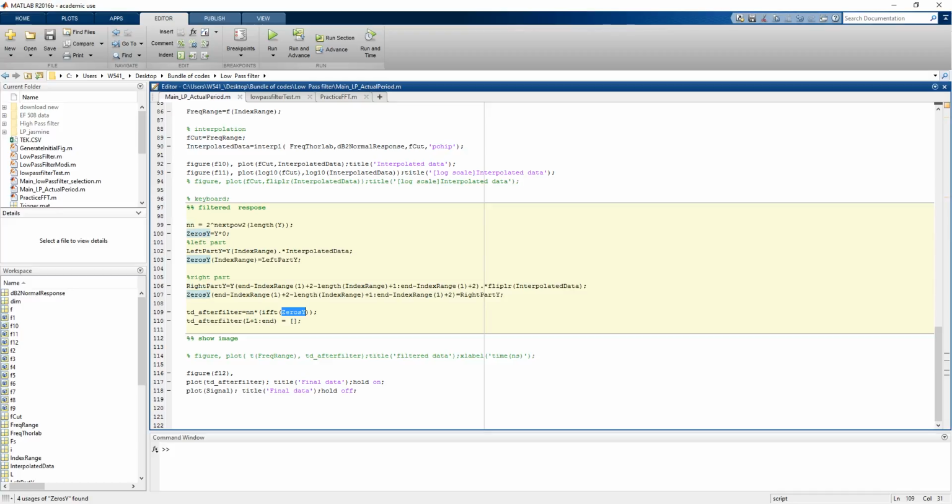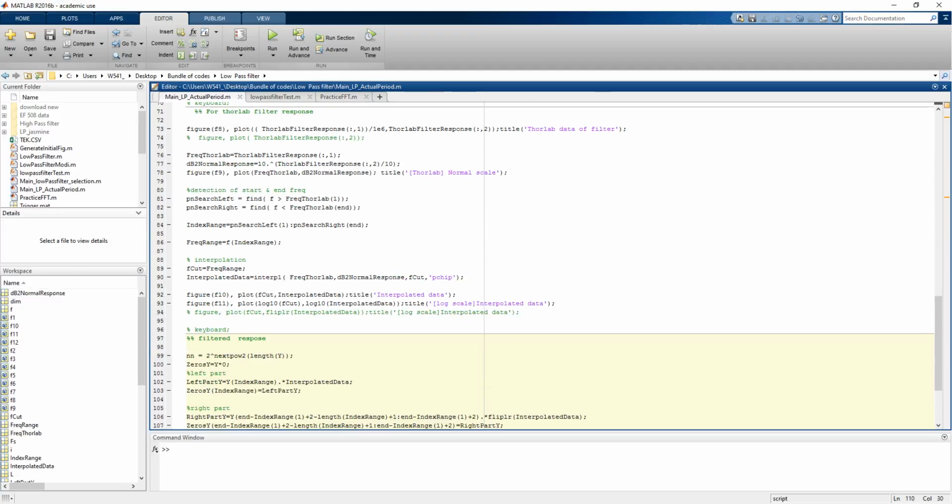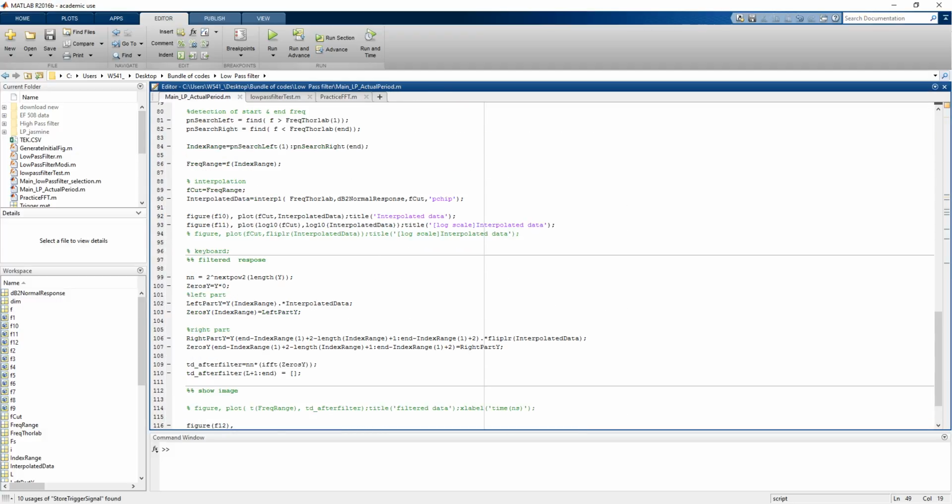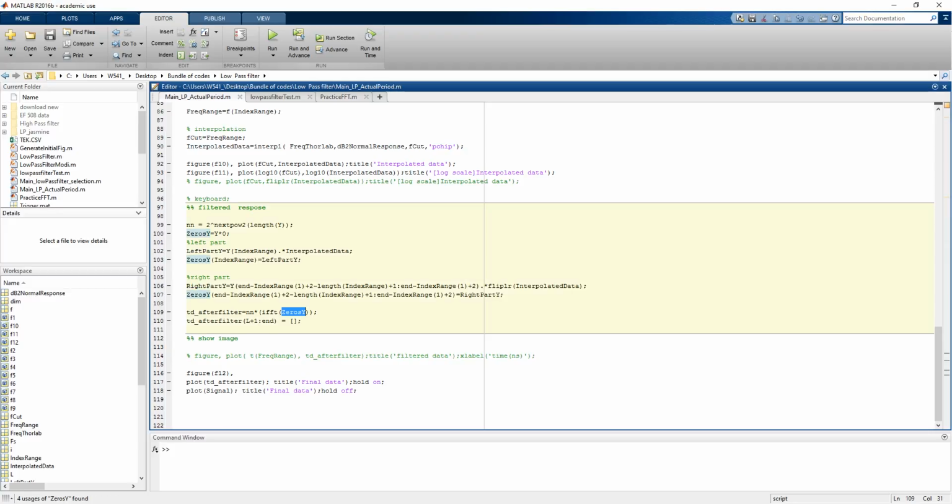If we do the IFFT, we will get the time domain signal back. But our initial time domain length was L, and when we do the IFFT there are some extra zeros inside the data, so we have to remove them. So we remove the zeros here, and this is the final output.